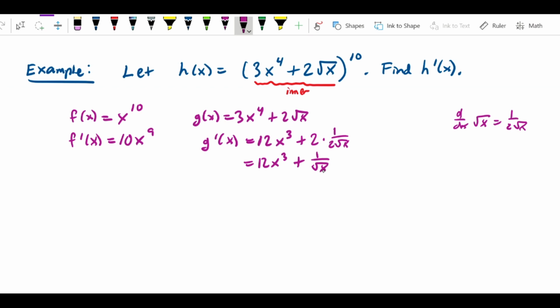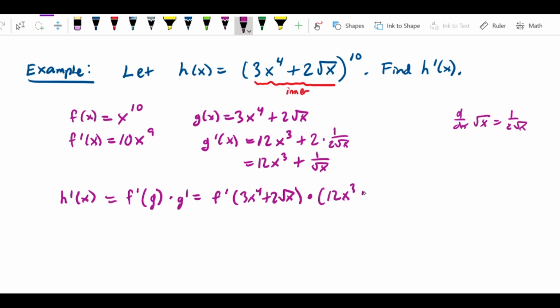So we can now say that h prime is just going to be f prime of g times g prime, which is f prime of (3x to the fourth plus 2 root x) times (12x cubed plus 1 over root x).